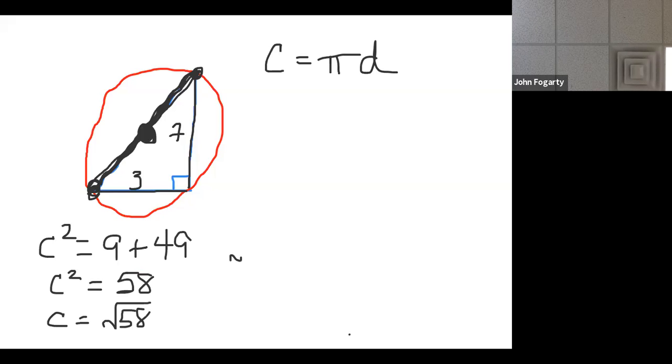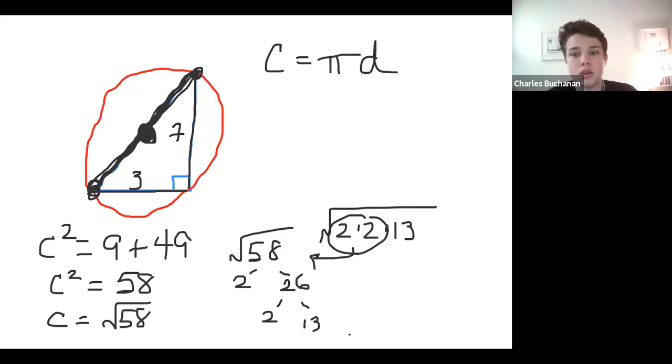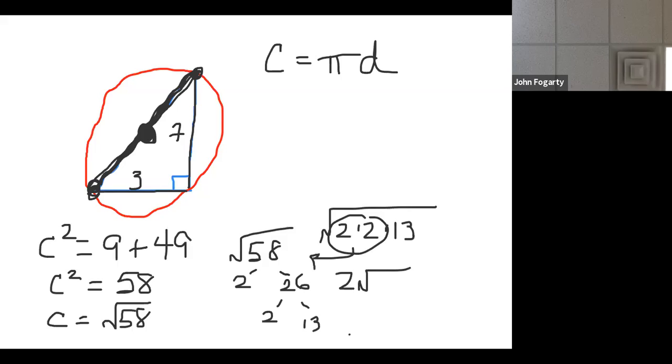Let's see if we can actually reduce 58. 2 times 29? No, 2 times 2 times 13? What is it? 2 radical 13. Yep. 2 radical 13, right?